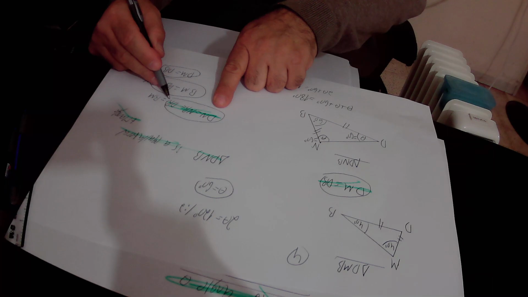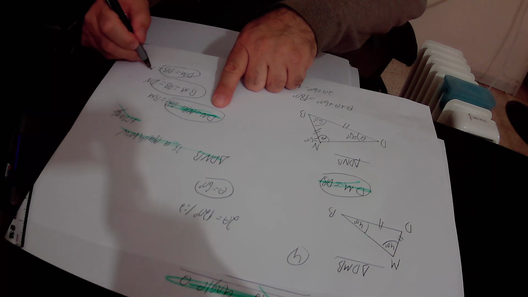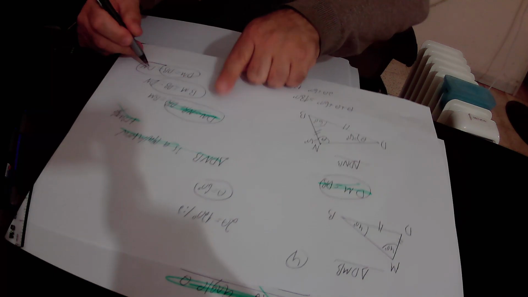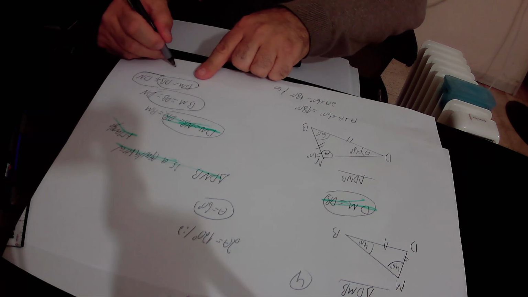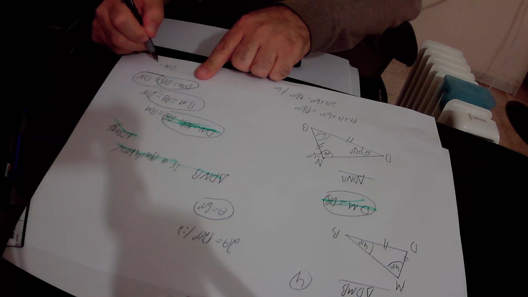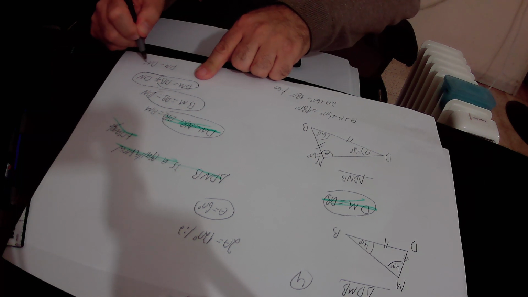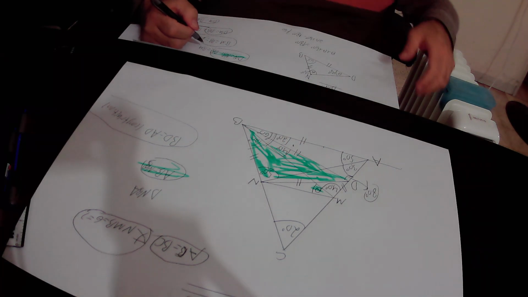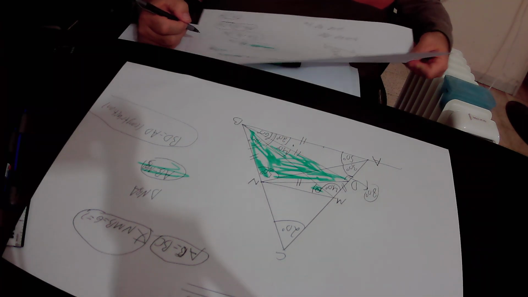So you can write down that DB also equals DN. And from this equation, we get that DM equals DN. DM equals DN. Okay.